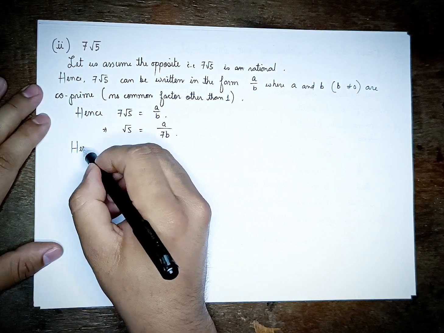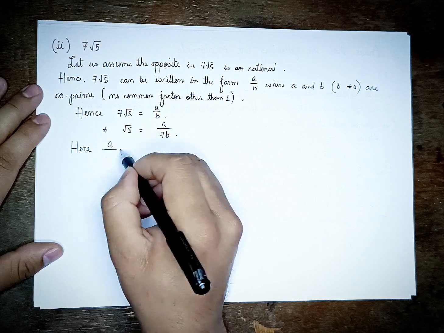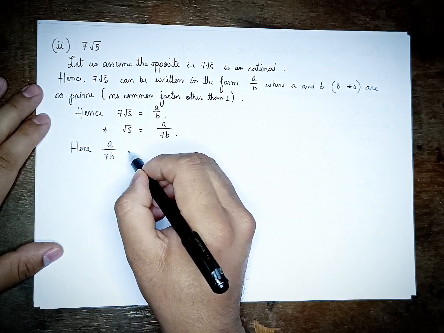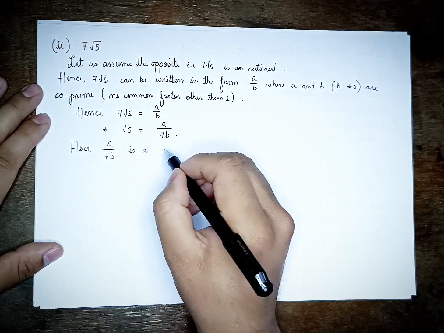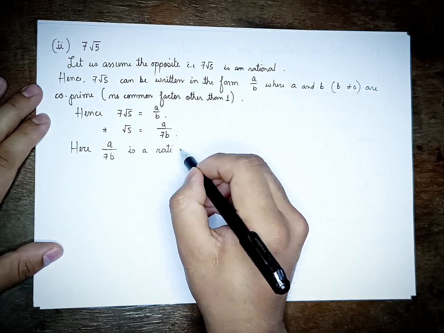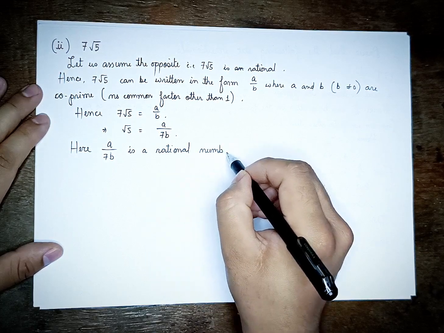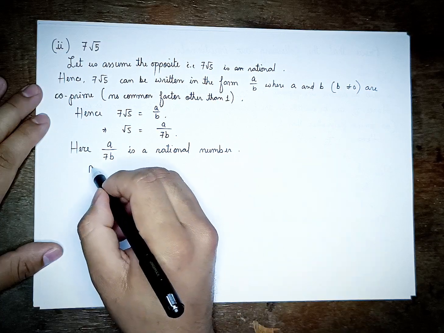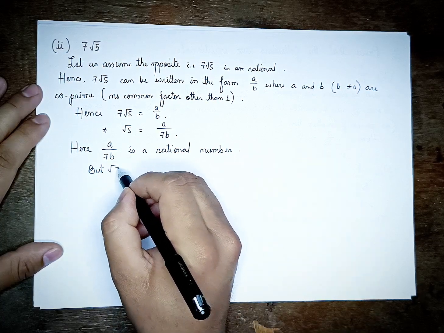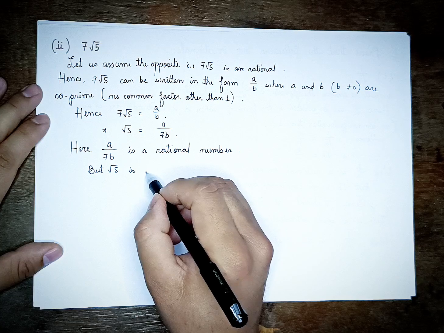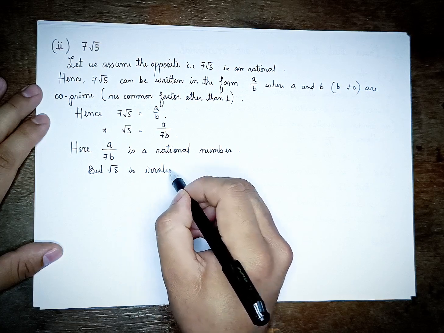Here, a divided by 7b is a rational number, but root 5 is irrational.